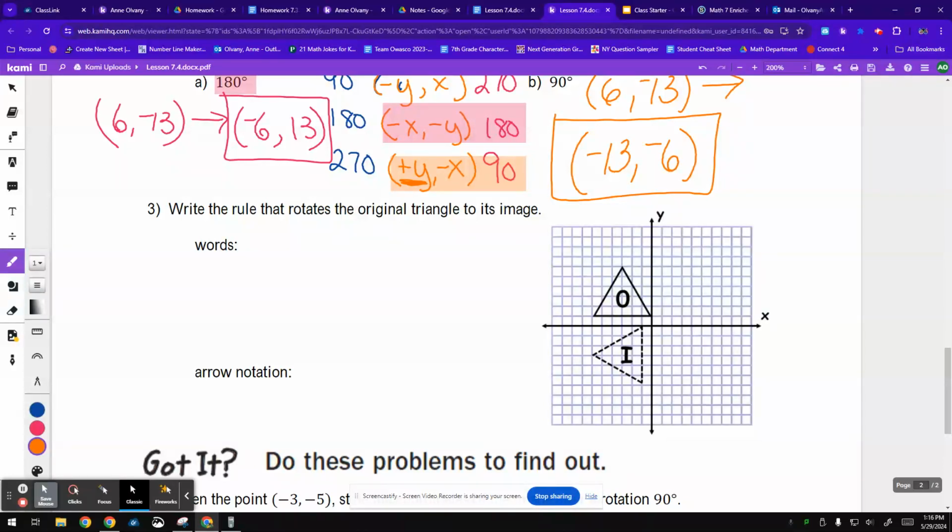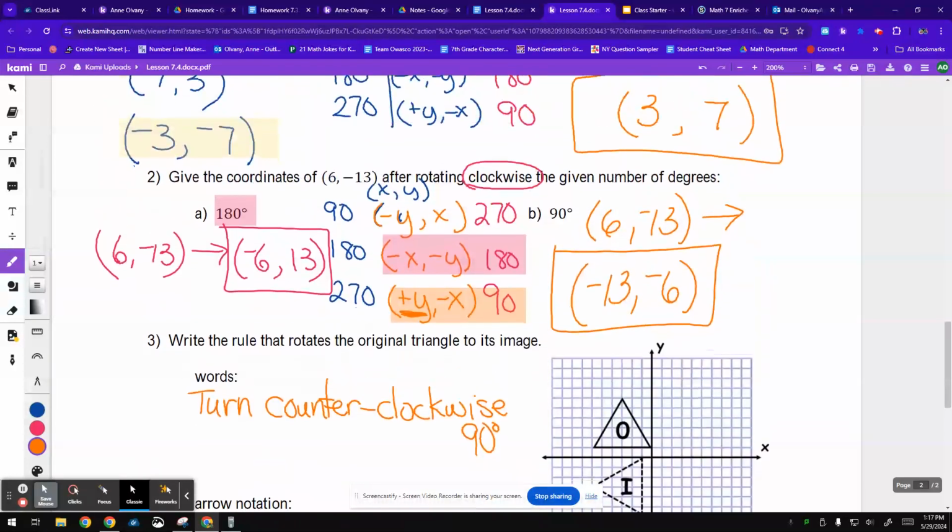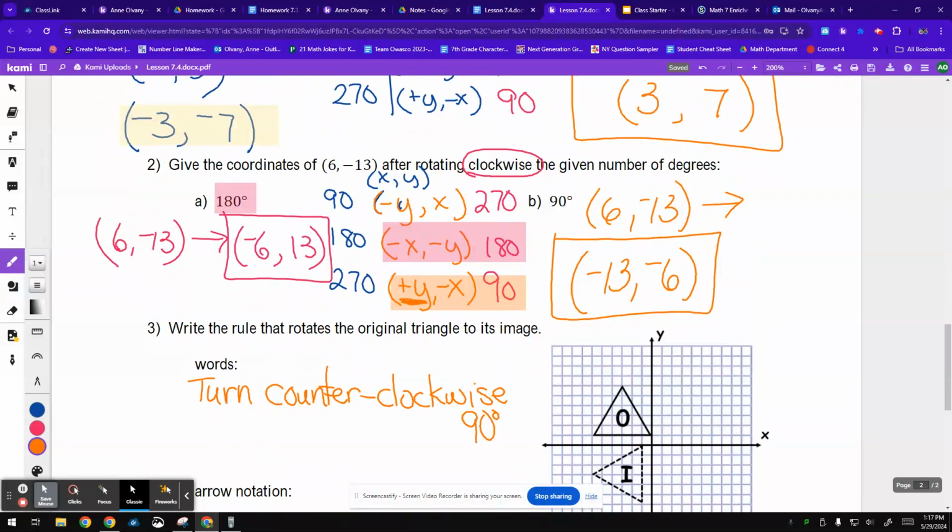So this was a turn counterclockwise. How much? 90 degrees. How do we know it didn't turn clockwise? They are the same. Ready? Here's a counterclockwise turn 90. It's the same as a 270 degrees. So we should always write the counterclockwise version now?